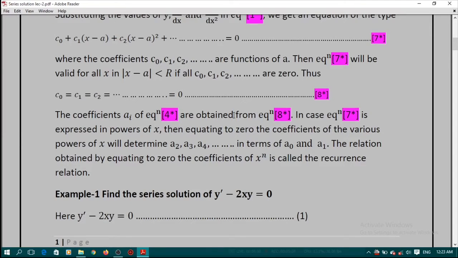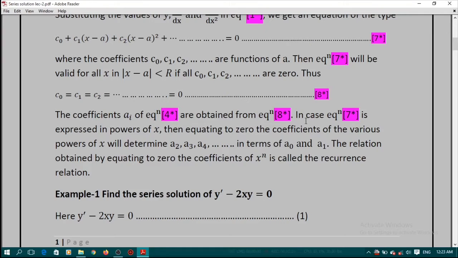Basically, in equation 7 we are comparing the coefficients c0, c1, c2 and so on with 0, and after solving these relations we can find the values of the coefficients ai of equation 4. So the coefficients ai of equation 4 are obtained from equation 8.